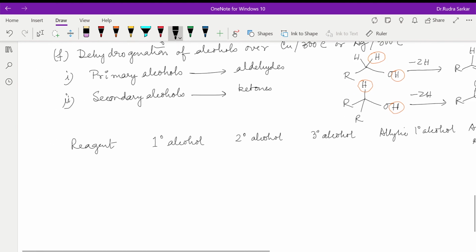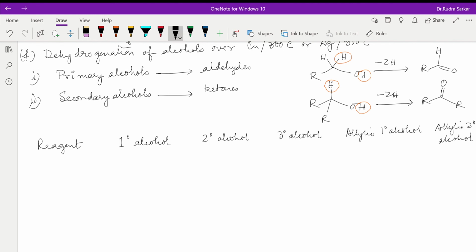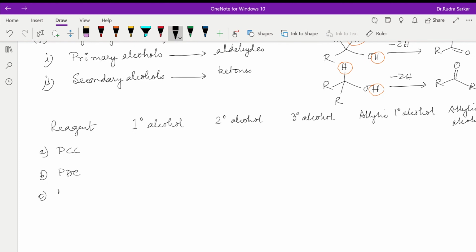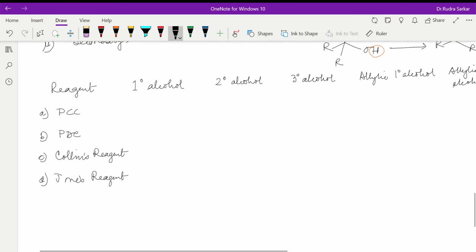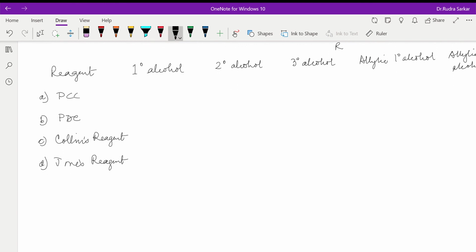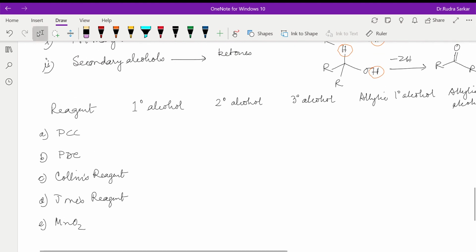Okay, and say I'm giving you the first reagent, which is PCC. Second reagent is PDC. Third is your Collins reagent. Then we have Jones reagent. We have MnO2. Okay, I've given these reagents.